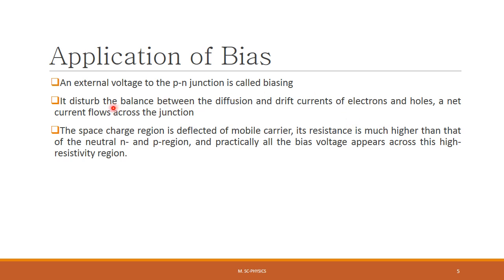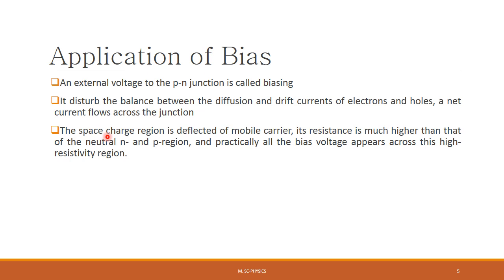An external voltage applied to the p-n junction is called biasing. It disturbs the balance between the diffusion and drift currents of electrons and holes. A net current flows across the junction.